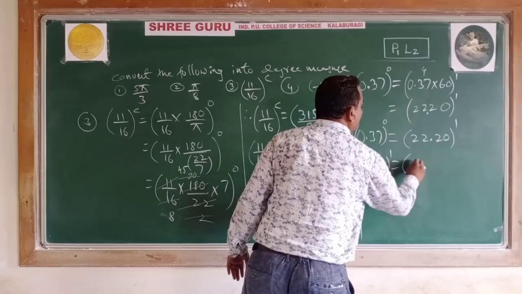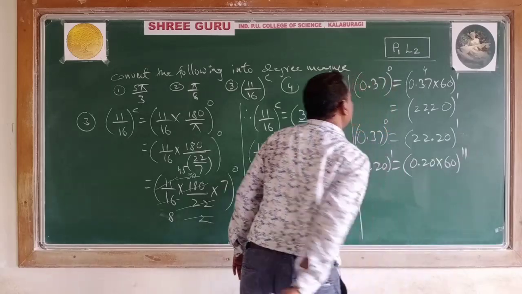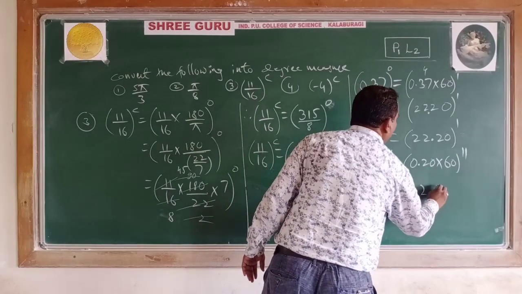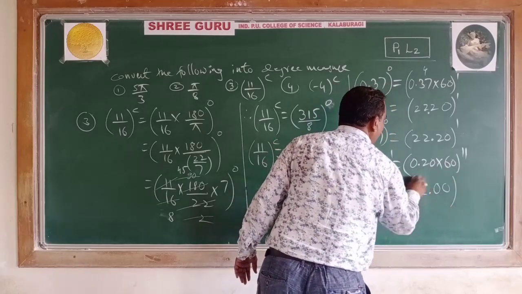0.20 minute, converting in terms of seconds again by multiplying by 60, it is exactly 12 seconds, because I have directly given 2 decimal points.